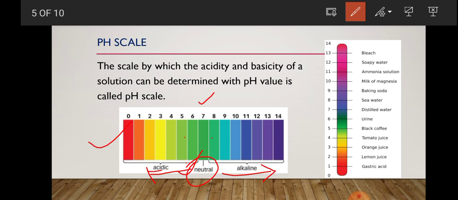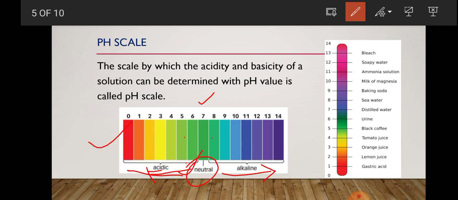and if the pH of a solution is less than 7, then we can say the solution is acidic, and when the pH is greater than 7, we can say the solution is alkaline or basic. If the value of pH is much greater than 7, that is 12 or 13 or 14, then these are strong bases.